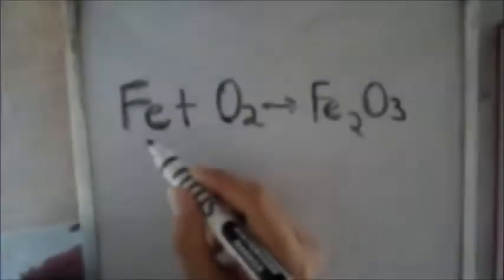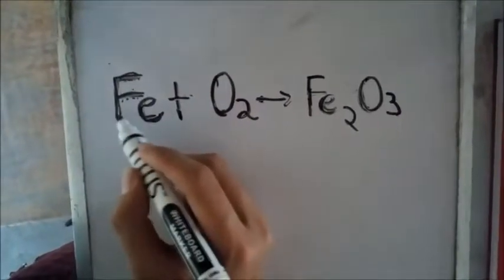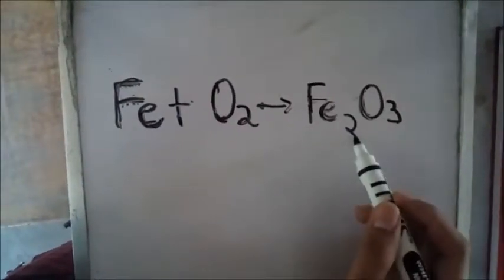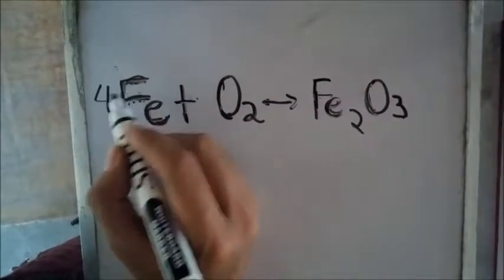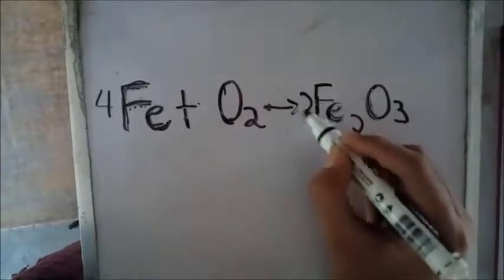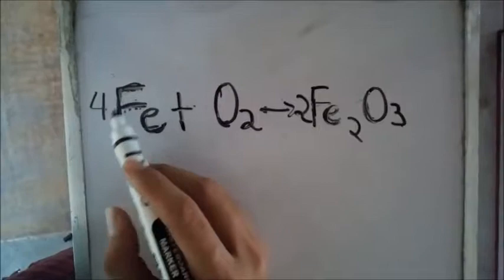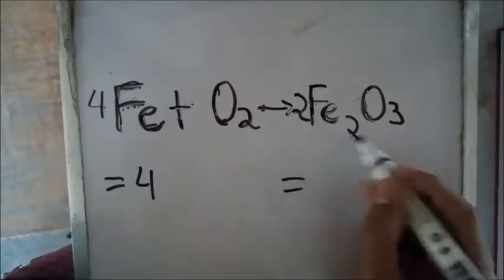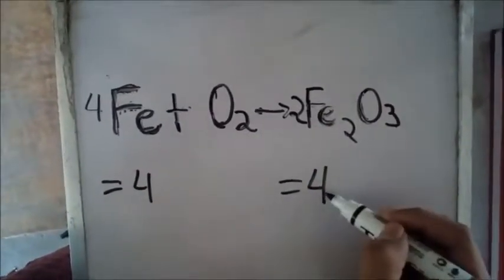Example, here's the chemical equation of iron and oxygen. The iron on the left side is 1 and the iron on the right side is 2. So you need to put a coefficient of 4 on iron, and you must add a coefficient of 2 on the iron on the right side, because there are 4 atoms on the left side and 4 atoms on the right side, since 2 times 2 is equal to 4.